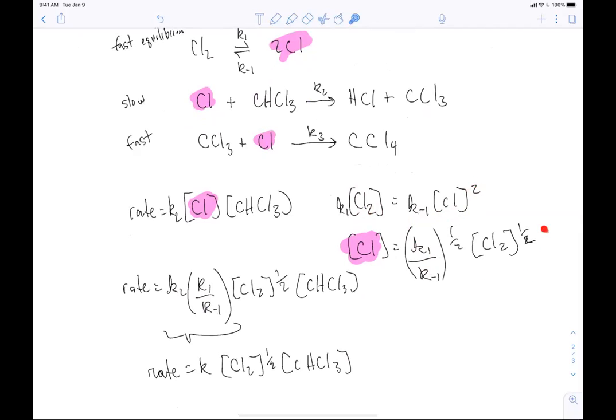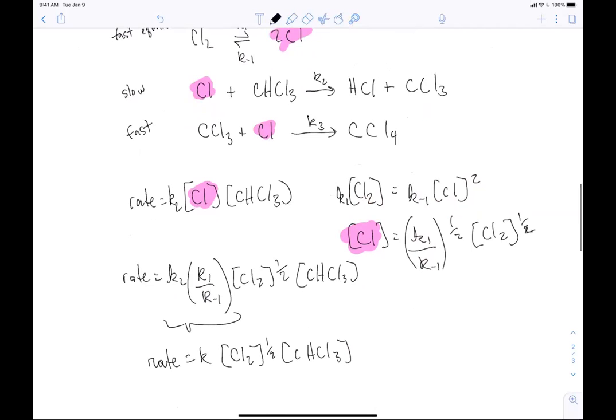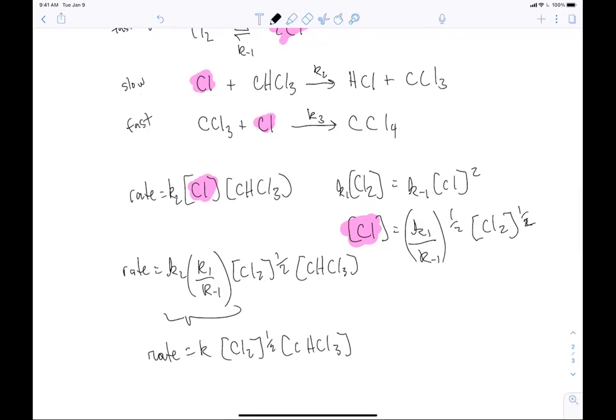That's where that comes from. Instead of writing the big square root sign, I write it as 1/2, because that's how it ultimately appears in the rate law. So this reaction is half order in chlorine, which is not something we see with the other types of rate problems we work with.